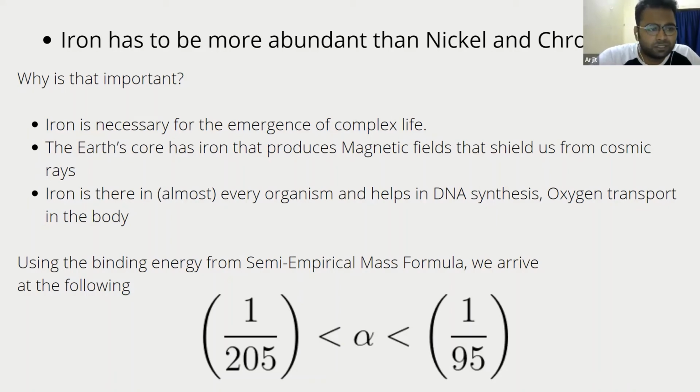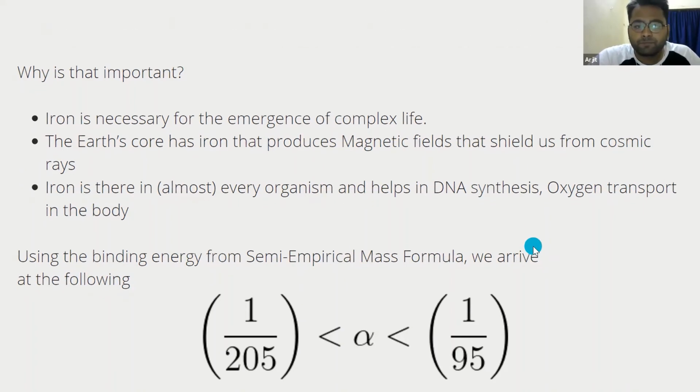Using the binding energy from the semi-empirical mass formula to constrain this statement, we arrive at the condition that alpha should always be greater than 1 by 205 and always be less than 1 by 95.